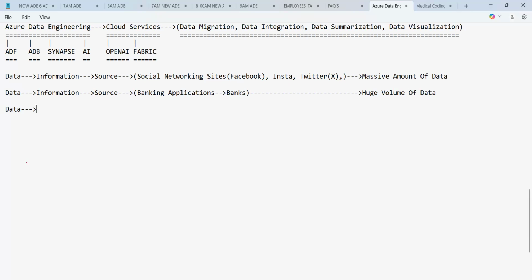Apart from this, the data or the information we can also get from a very trending source right now, which is the live streaming process.